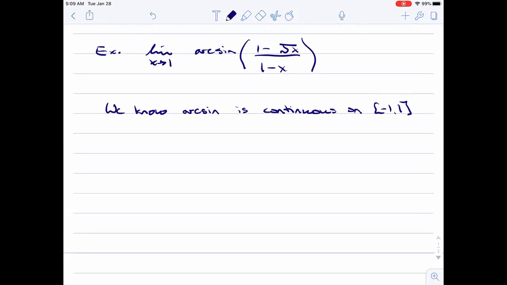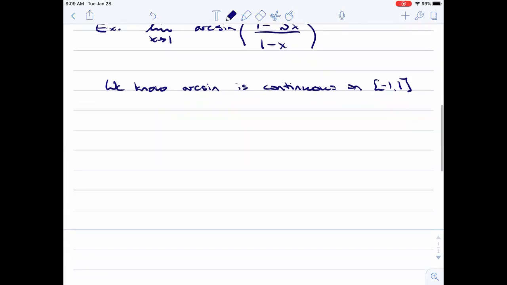So if arc sine is continuous at the point that we're interested in, then we can pull that limit inside. We can take the limit of (1 minus root x) over (1 minus x), and then take the arc sine of that limit. So we can rewrite this.